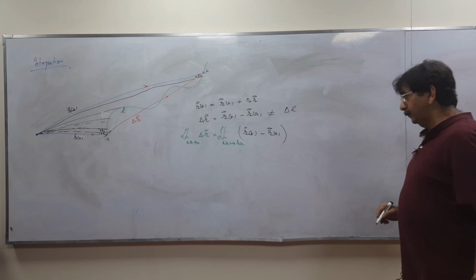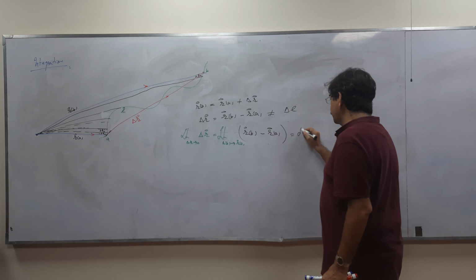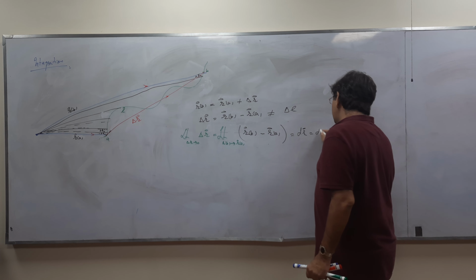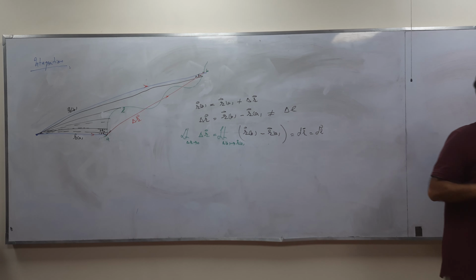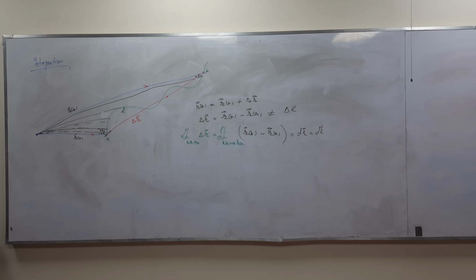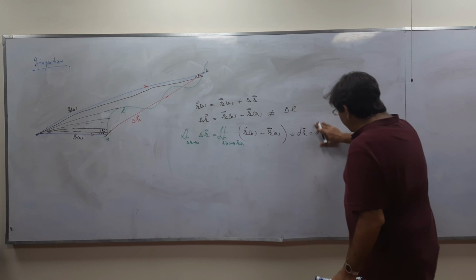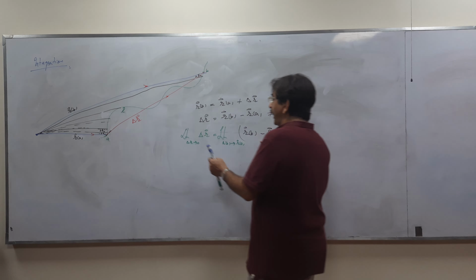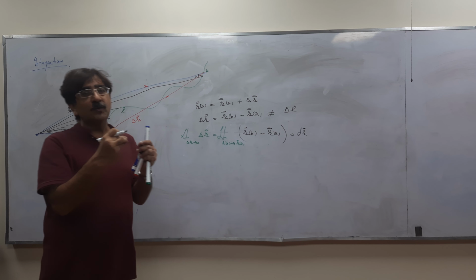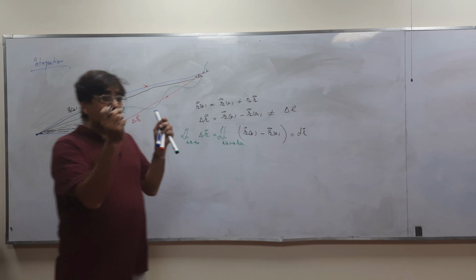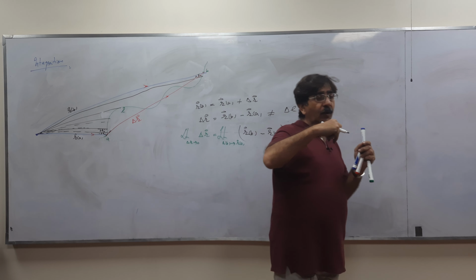This will become dr, and this will be equal to dl. I have already explained it many times. So this is the delta R.